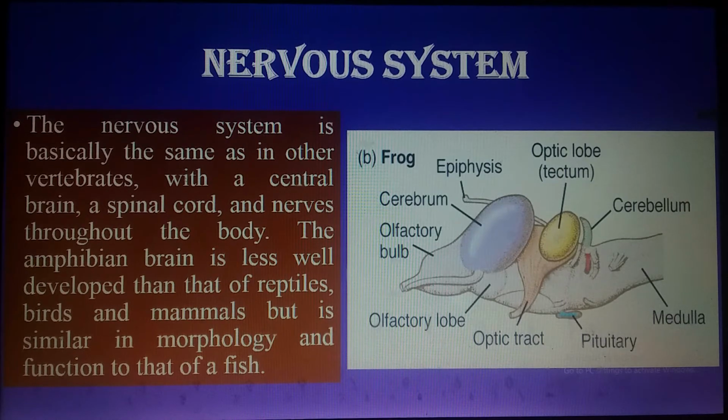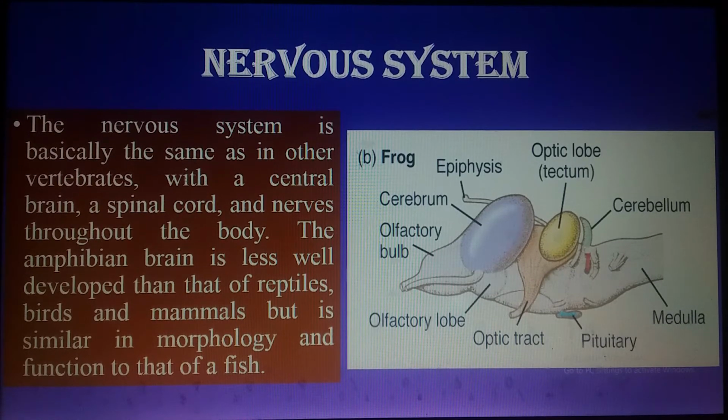But keep in mind, it is less well developed than in reptiles, birds, and mammals. The central nervous system consists of the brain and spinal cord, and you can see the cerebellum, optic lobes, and many more.